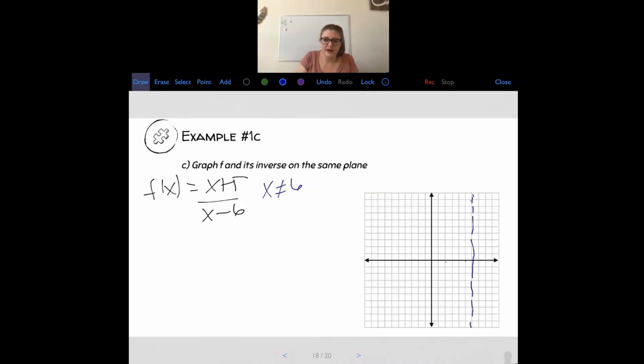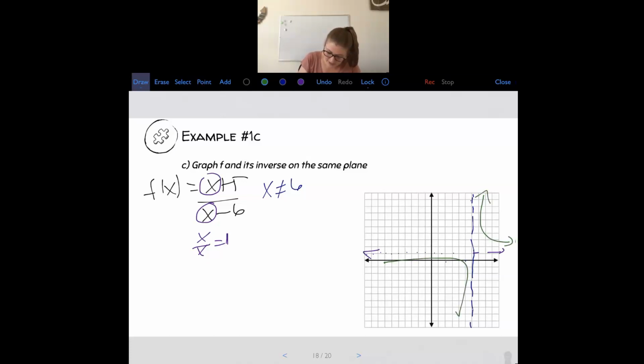The other thing that we can do is notice, and this is what's called our horizontal asymptote, we can look at just our leading term in the top and bottom. This is x over x, which gives us 1. So along the line y equals 1, we have a horizontal asymptote, which means it's never going to go below or above that. So for this graph, it would look something like this.